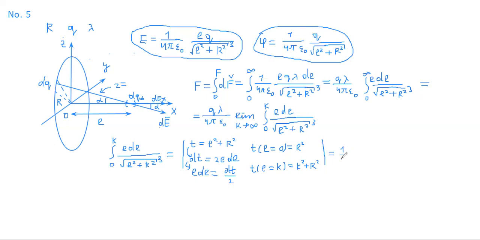It will be one half, integral from R squared to k squared plus R squared, dt divided by t to the power of 3 over 2.